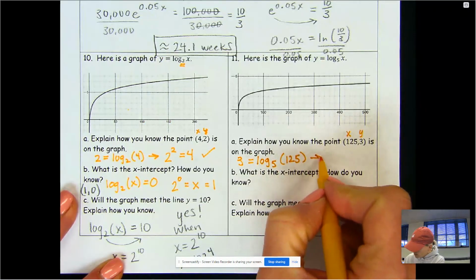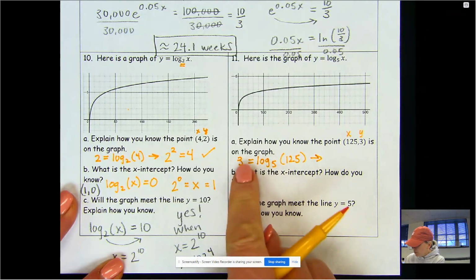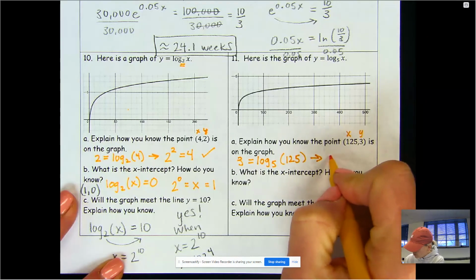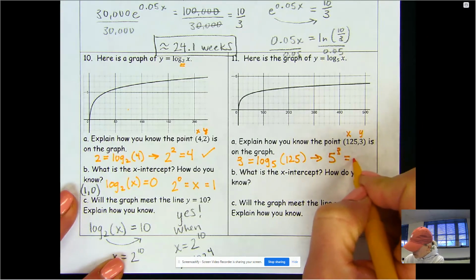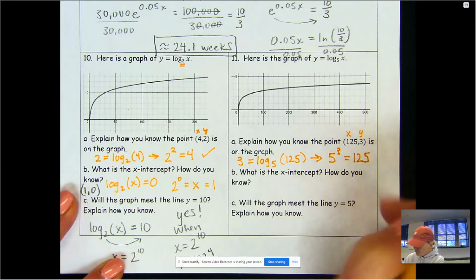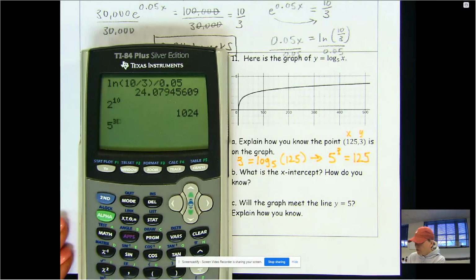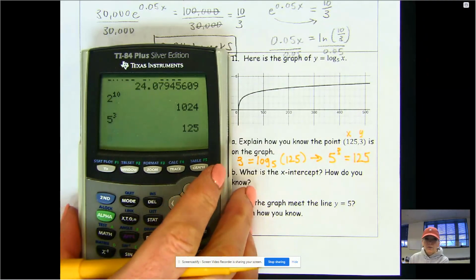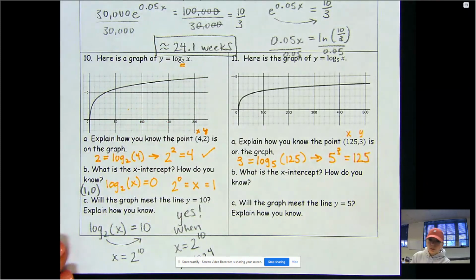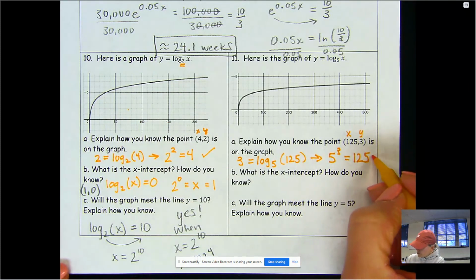Switching that to exponential form, this is our base, this is our exponent: 5 to the third is equal to 125. You can even put it on your calculator. So we can verify that, yes, that is a point on the graph. These are both true statements.